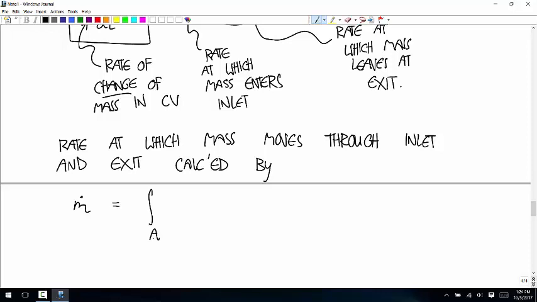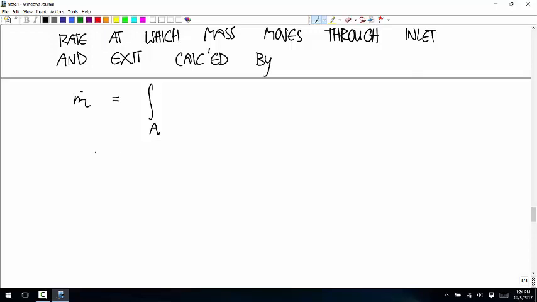And what we're going to integrate over this area is the, so if you're trying to get the rate at which mass is going through this plane, think about it like this.